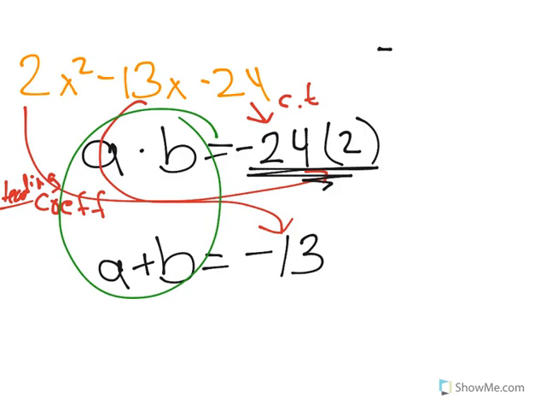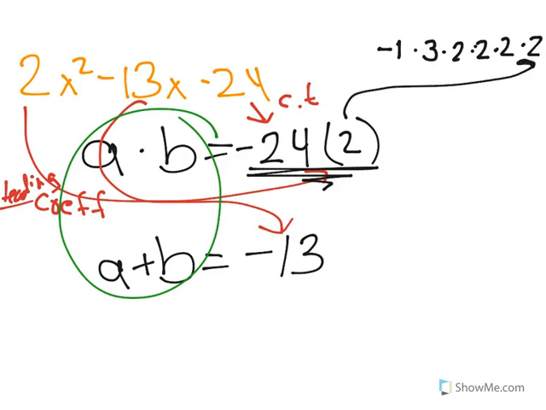So we have negative 1, of course, and this can be factored as 3 times 2 times 2 times 2 for the 24, and then times 2 for this extra 2 right there.